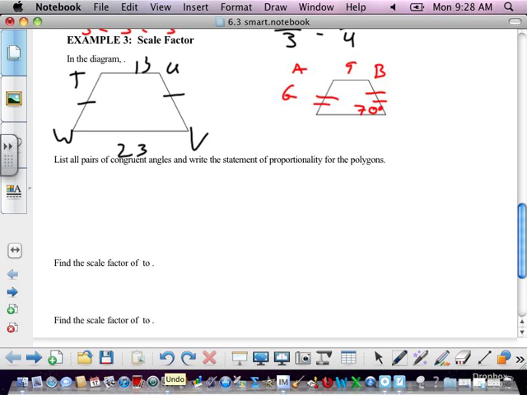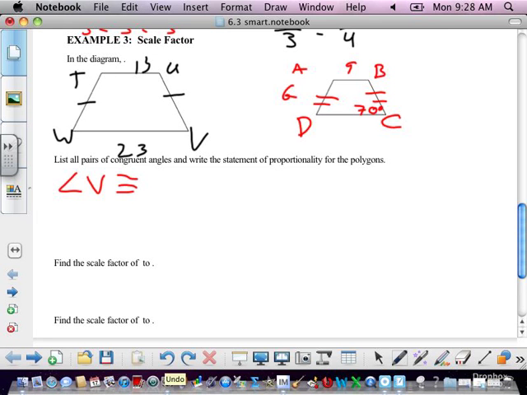We're going to list all the pairs of congruent angles and write the statements of proportionality for the polygon. First of all, let's list all the angles because I think those are easiest. This is D, C. What do we want to start with? Angle V is congruent to what angle?